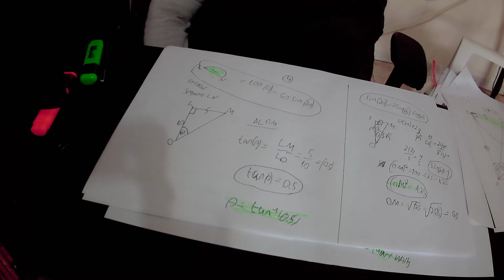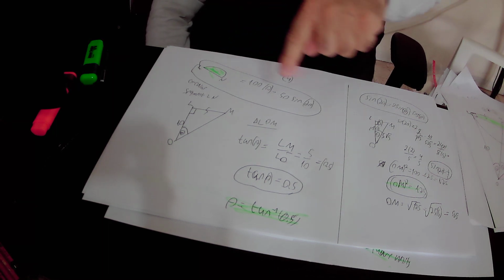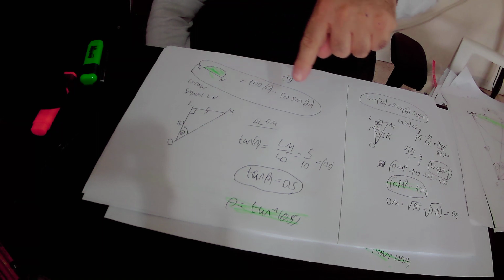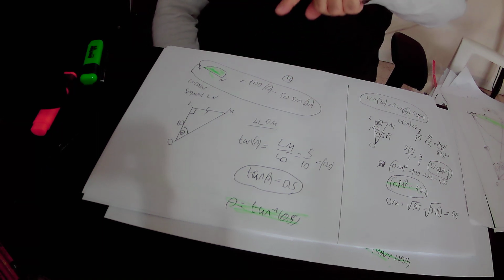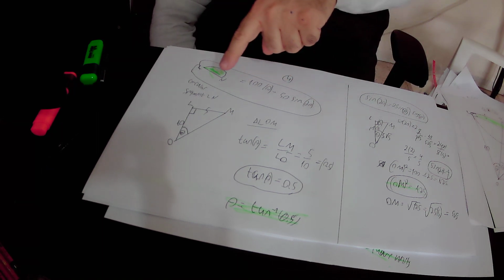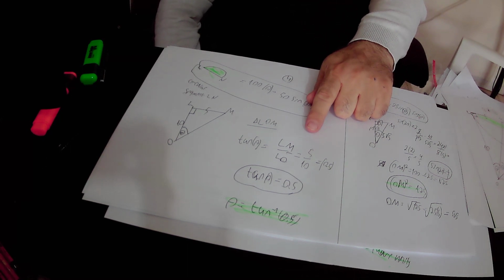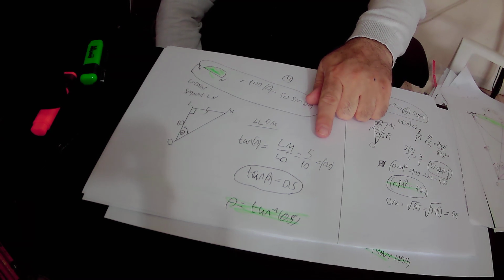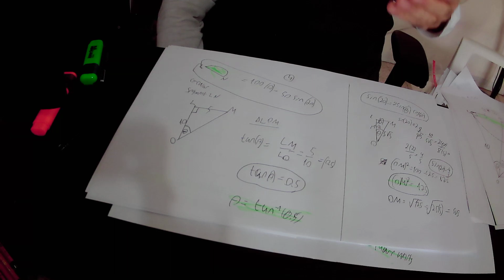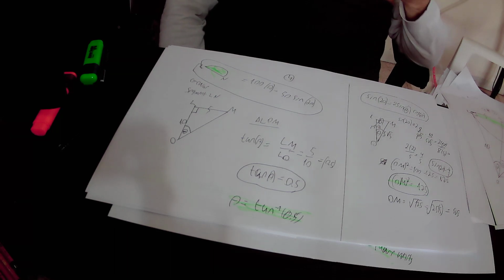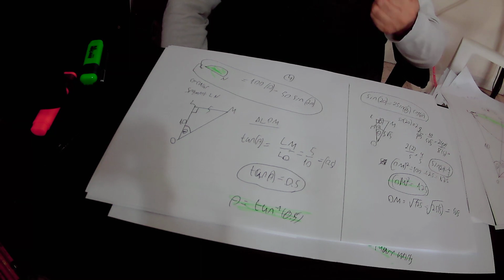In this right triangle, tangent theta equals LM over LO, so LM equals 5 and LO equals 10. So tangent theta equals 5 over 10. 5 over 10 is one half, which is 0.5. So in conclusion, we found out that tangent theta equals 0.5, but we don't need the value of tangent theta, but the value of theta itself.